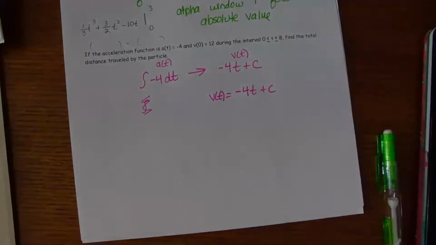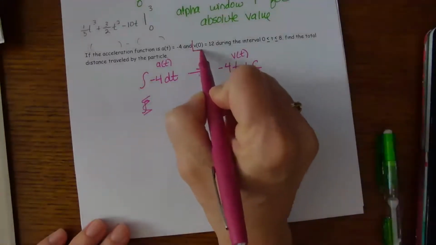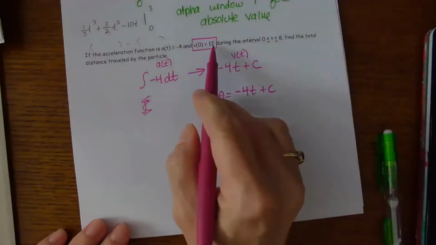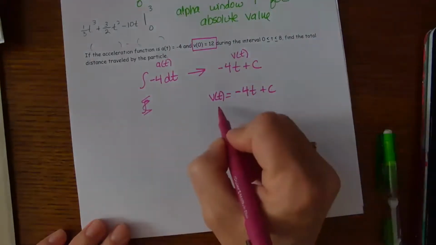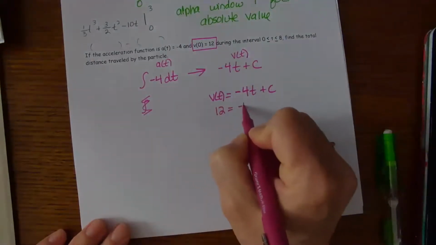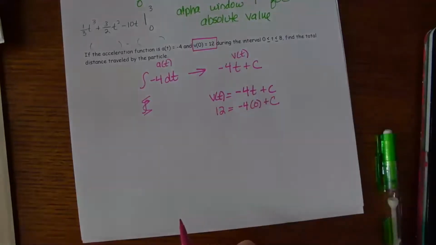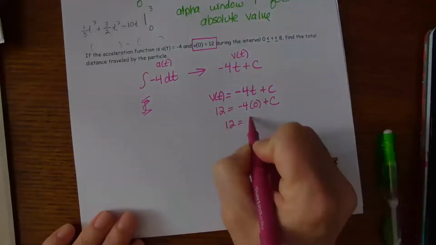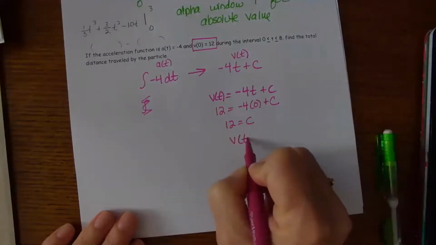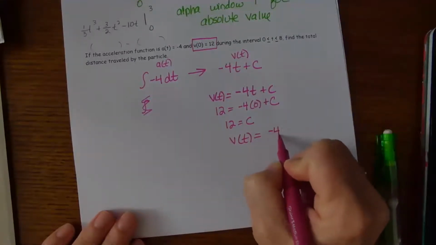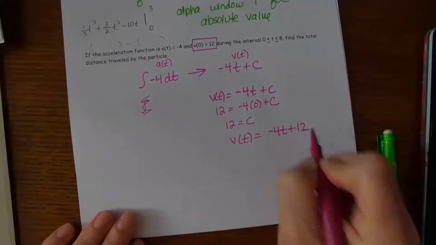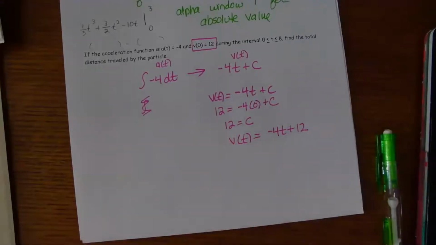Don't I want the actual number? So what can we plug in there? Velocity is 12 when t is 0. So what is c? So velocity is actually -4t plus 12. So we did have to do a little bit by hand.